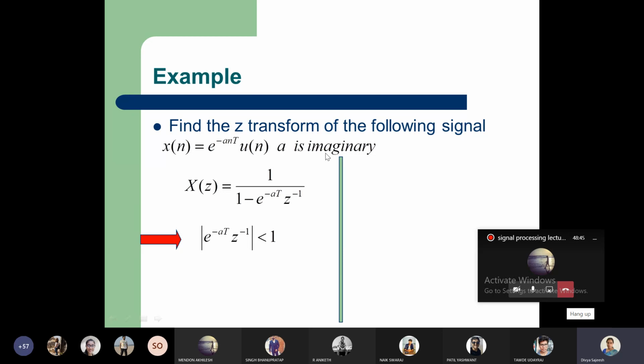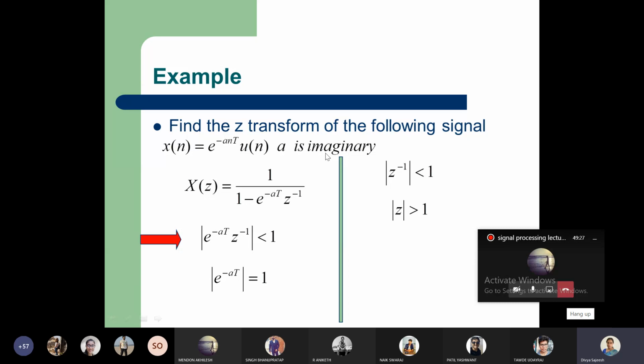Now here, if I take the modulus of the term e raised to minus a, in which a is imaginary, what will be the modulus of that complex signal? Can anyone tell? It is equal to 1. Since it is imaginary, the modulus of e raised to minus a will be equal to 1. So directly that term will disappear, and only z inverse will exist. So z inverse should be less than 1, or z should be greater than 1.